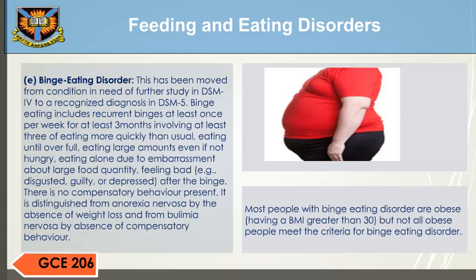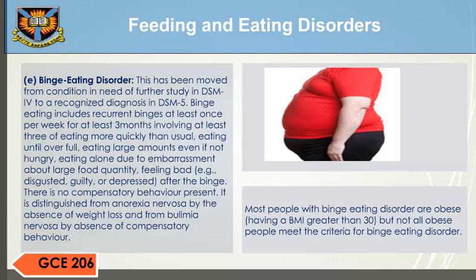Binge eating includes recurrent binges at least once per week for at least 3 months, involving at least 3 of: eating more quickly than usual, eating until overfull, eating large amounts even if not hungry, eating alone due to embarrassment about large food quantity, and feeling bad, for example, disgusted, guilty, or depressed after the binge. There is no compensatory behavior present.